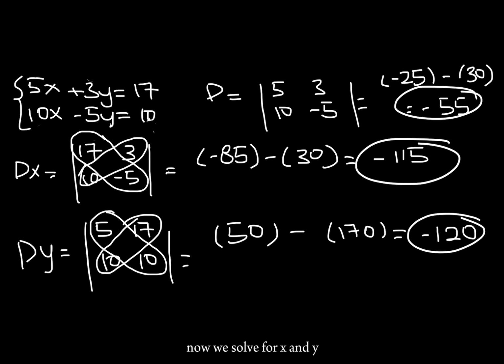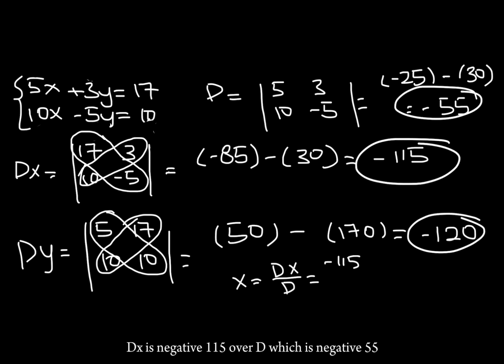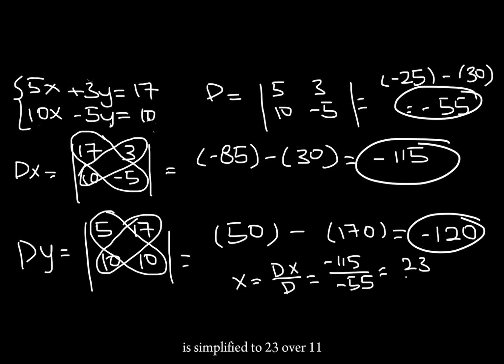Now we solve for x and y. X equals Dx over D. Dx, -115, over D, which is -55, is simplified to 23 over 11.